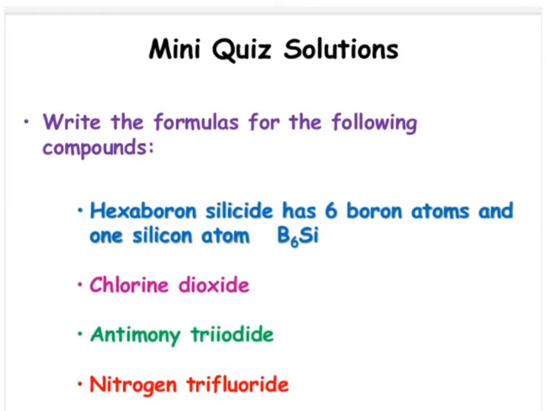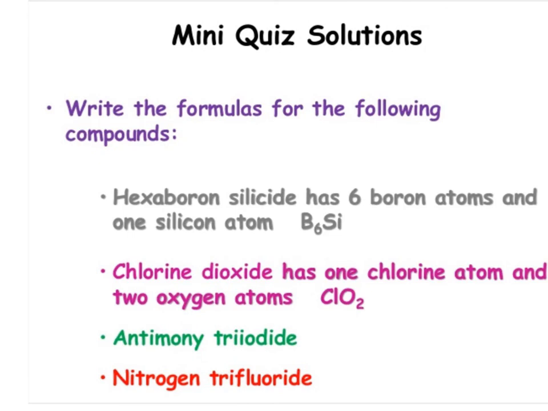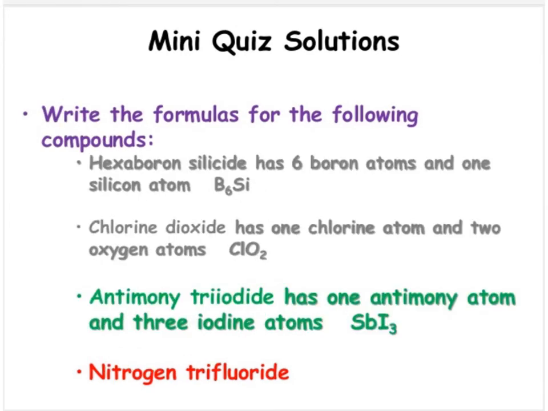Hexaboron silicide has 6 boron atoms and 1 silicon atom, B6Si. Chlorine dioxide has 1 chlorine atom and 2 oxygen atoms, ClO2. Antimony triiodide has 1 antimony atom and 3 iodine atoms, SbI3.